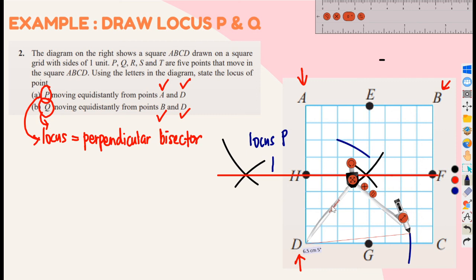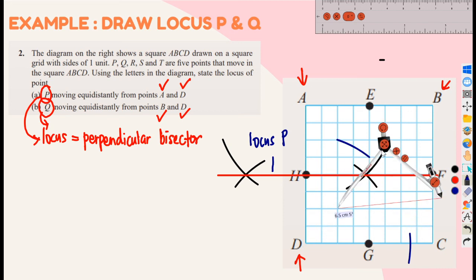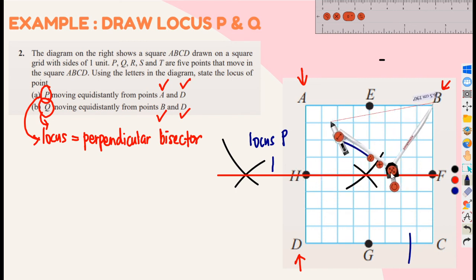This one is B and D. Another one here is at B, with 6.5 again. So the first one here again, and then the second one.